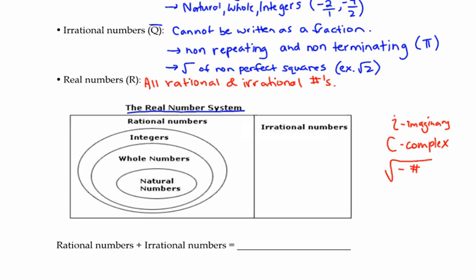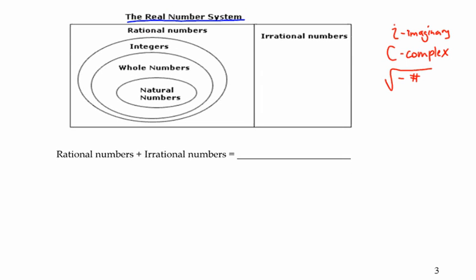So rational and irrational together, all the numbers, would make what? Our real number system. The real number system. Number soup.